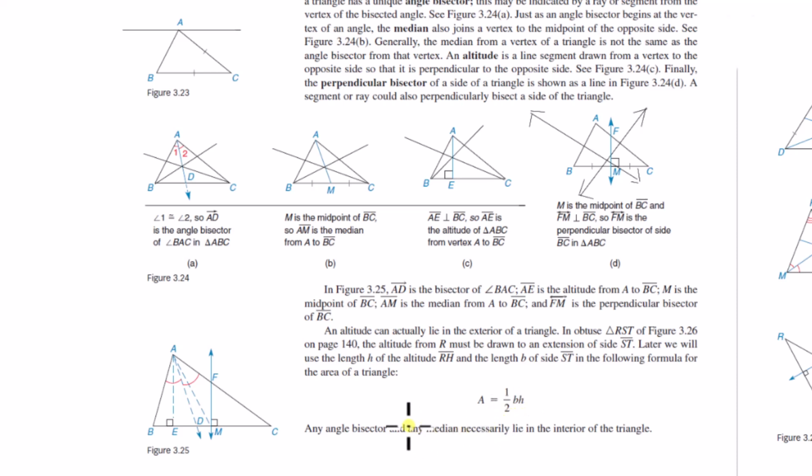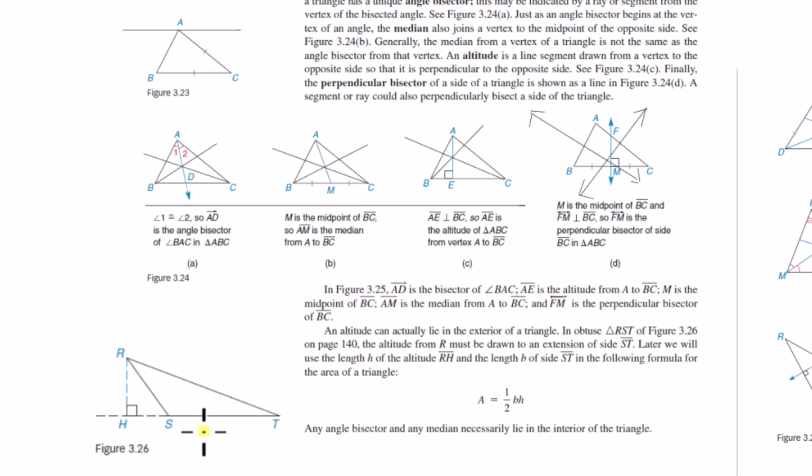So what they're saying is that you can take any of the three altitudes and the base that's associated with that altitude, take the length of that base and the length of that altitude, multiply those two together, divide that by 2, and you have the area of the triangle. And so for the case of this triangle, it would be 1/2 times the length of RH times the length of ST, not the length of HT. But we'll talk about the specifics of this later.